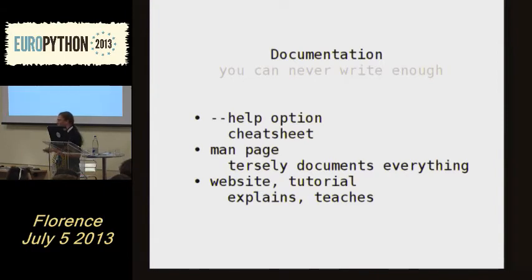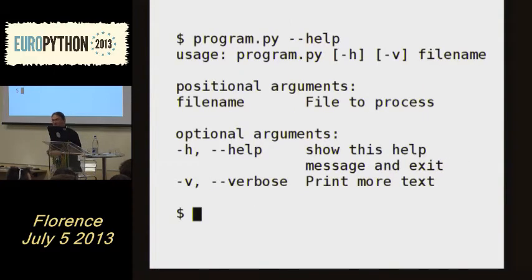And then you of course can have traditional websites, tutorials that get users engaged and look pretty and stuff like that. So argparse will make this help for you, or at least the first one. So if you call it with the help option, the whole help gets generated automatically. So you only have to deal with the other two.